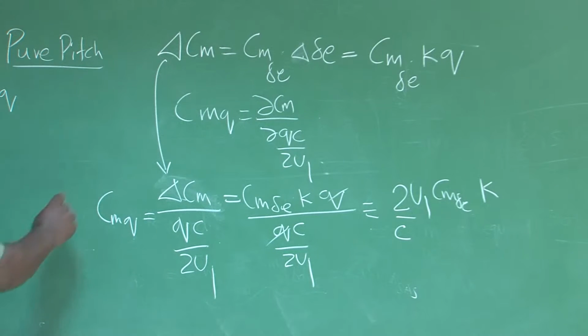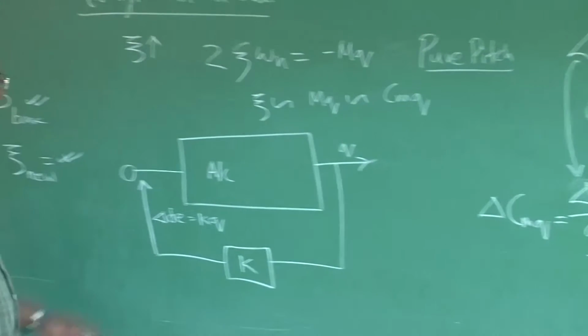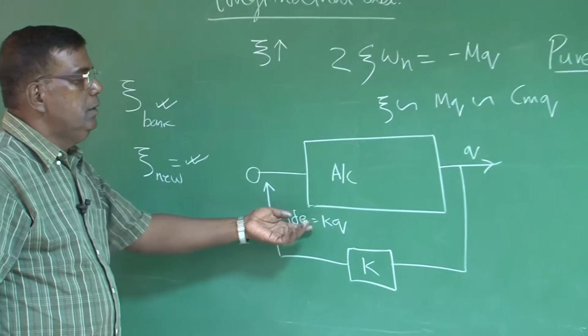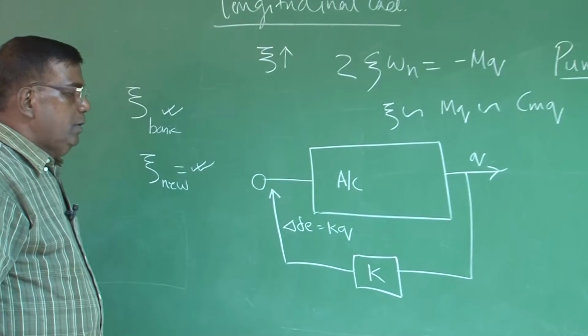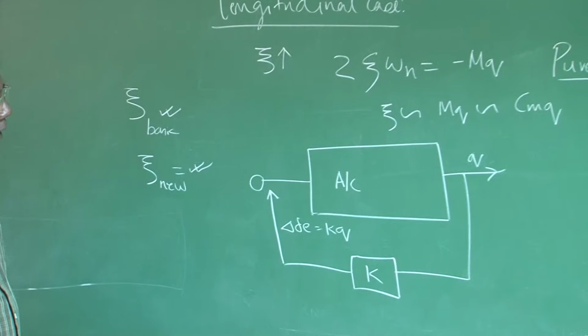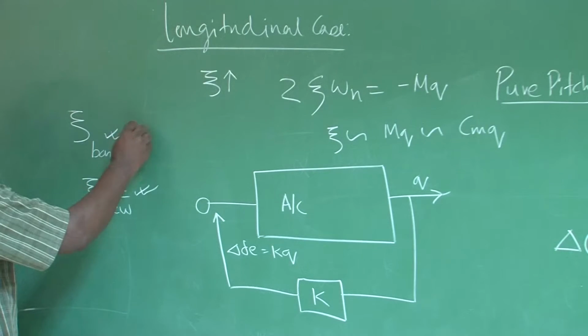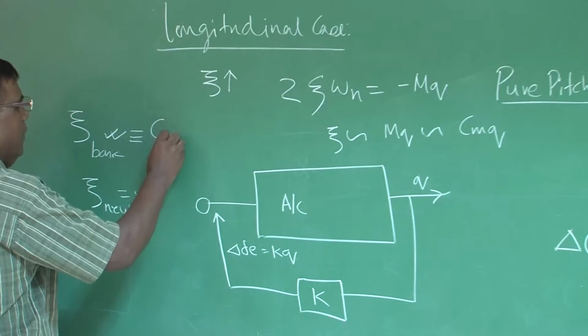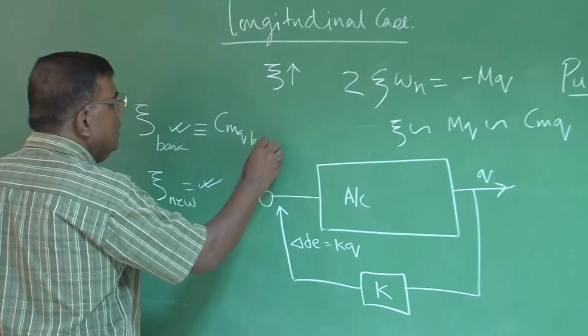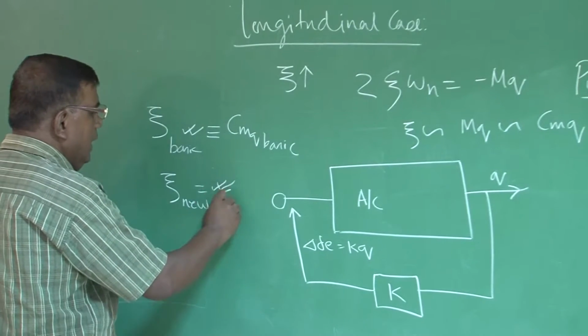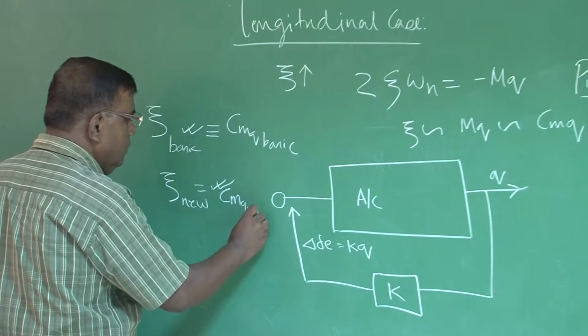Right? So this is delta CMQ, which I am generating by feeding Q, which is measured through a rate gyro, and deflecting the elevator proportionally with Q. Right. Now the question is, I know zeta basic has corresponding CMQ basic, and for zeta nu, I need CMQ nu.